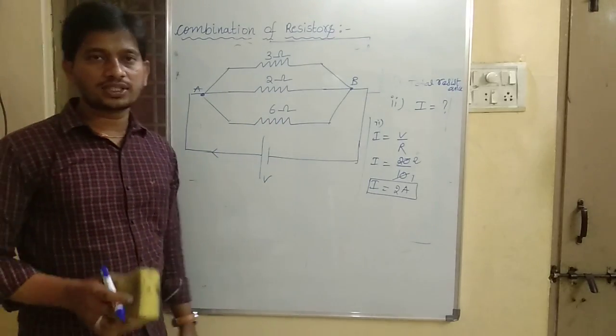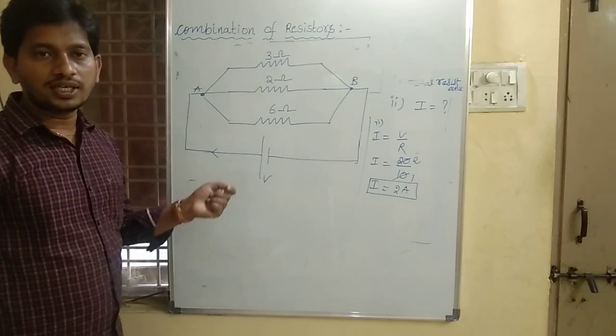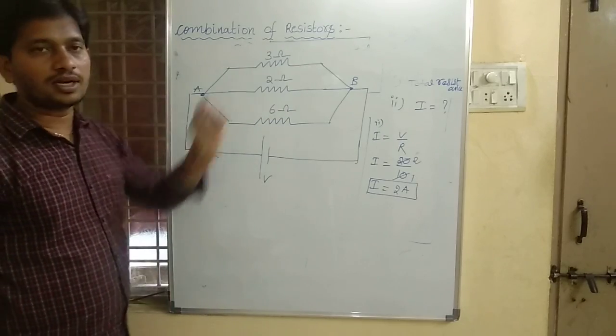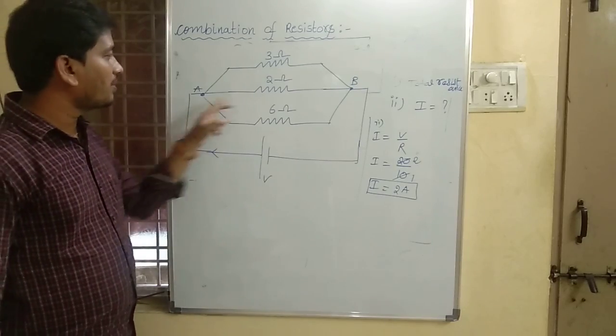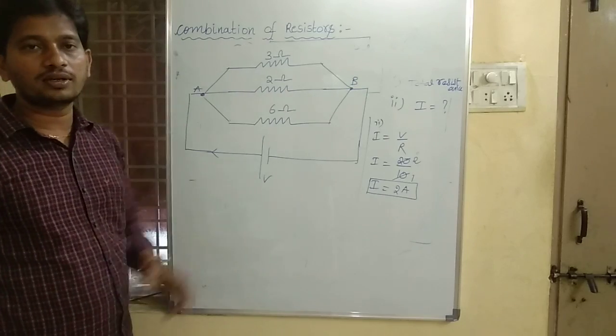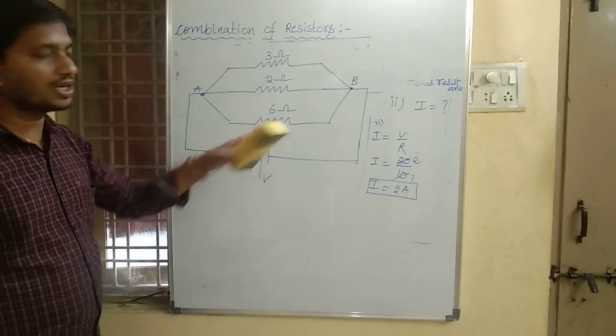How can we find the total resistance? First of all, you have to see whether they are connected in series or parallel. Yes, here the resistors are connected in parallel, because they are connected between the same points. Yes, the potential difference is the same. I mean they are connected in parallel.